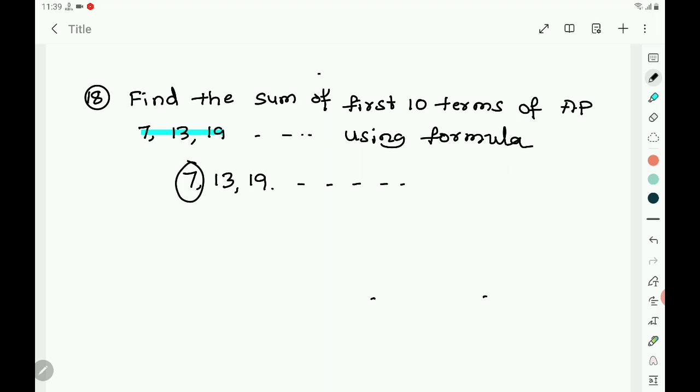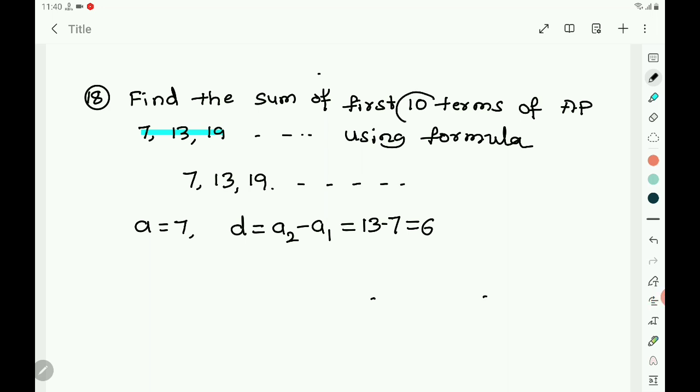Find the first term A. A equals 7 and D equals A2 minus A1 equals 13 minus 7, which equals 6. Then the sum of first 10 terms is to be found out. Then you write n equals 10. S equals question mark.